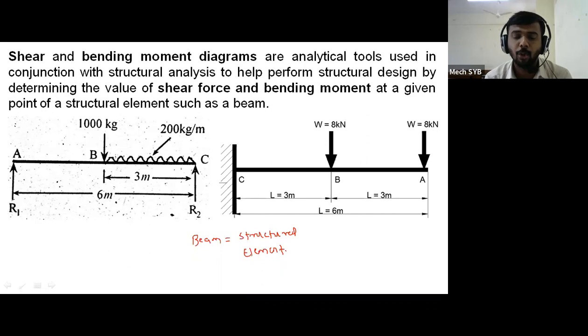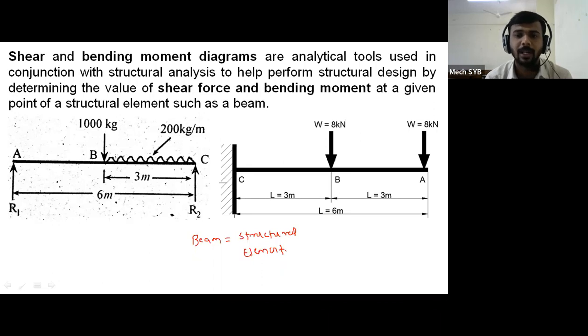Due to that external load, there is a possibility of development of tensile stress if that load is tensile. There is a possibility of compressive stress if that load is under compression. Means if there is a load, something is happening in that particular body and that we are calculating.